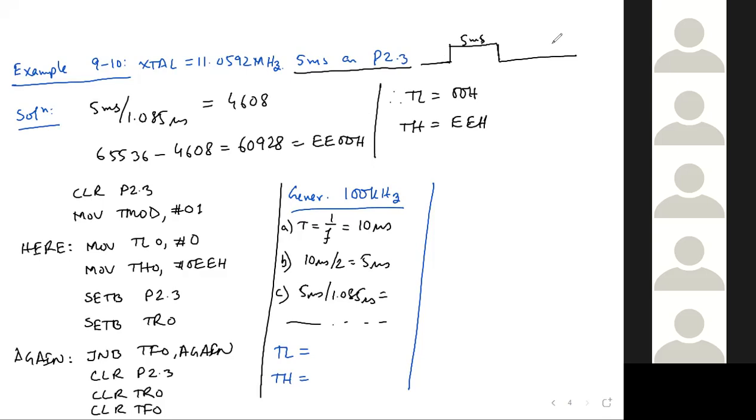Have you understood? No, sir. Which portion did you not understand? Tell me. I mean, the question was, if I had written the entire question, you would have understood. The question was create a pulse width of 5 milliseconds. Pulse means it will remain low, suddenly it will go high.